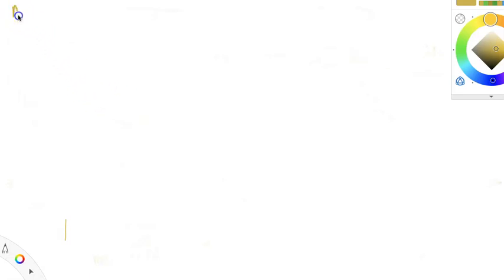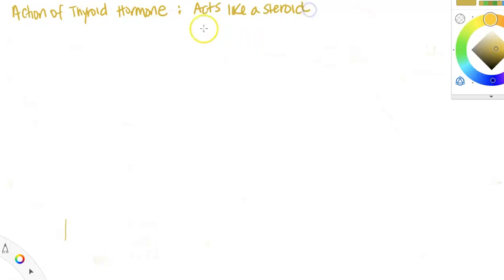Okay, the action of thyroid hormone. So we know that the thyroid hormone is a hormone that comes from the amine, or the amino acid tyrosine, and it acts like a steroid. So its mechanism is that of a steroid hormone.